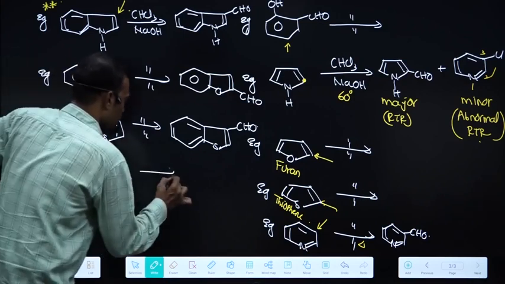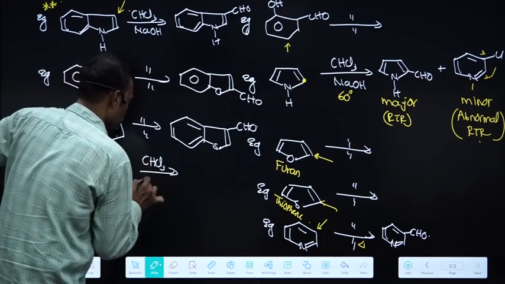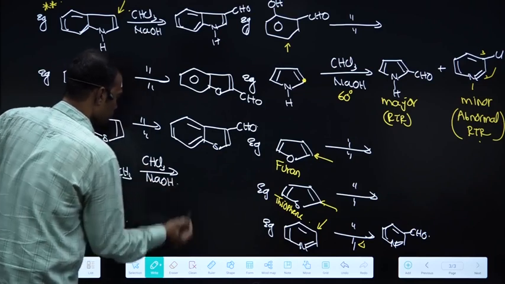When guaiacol reacts with chloroform in sodium hydroxide, what is the answer?